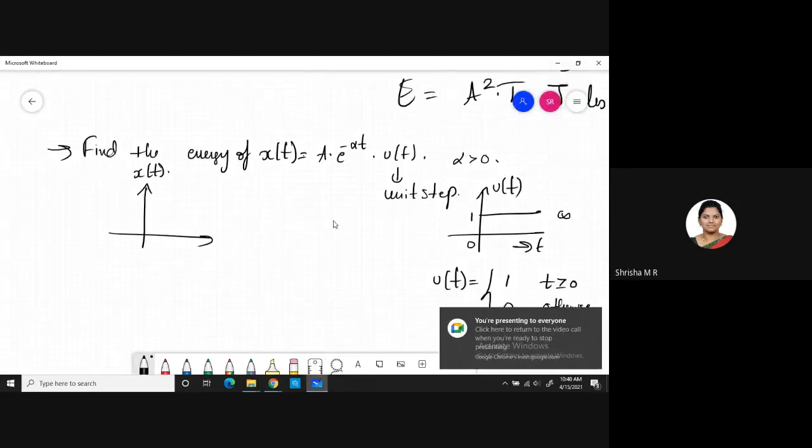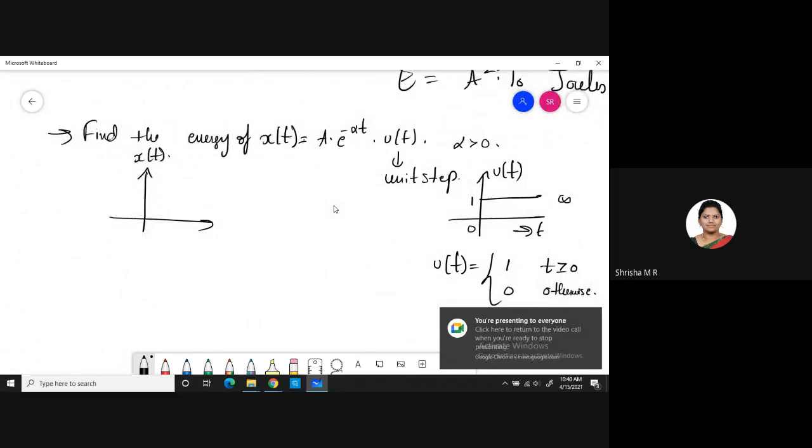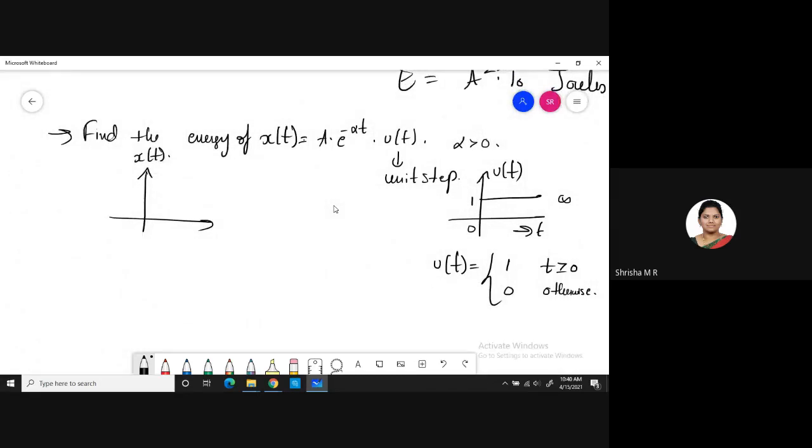Okay, so we'll try to plot this. At t equal to 0, what happens to this waveform? x of t is equal to a into e power minus 0, which is nothing but a into e power 0, which is nothing but a. So at t equal to 0, you have the signal at a.